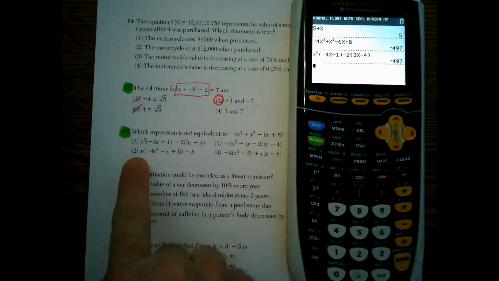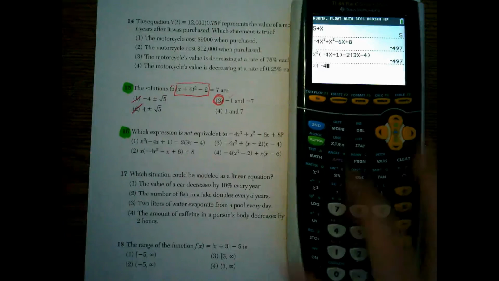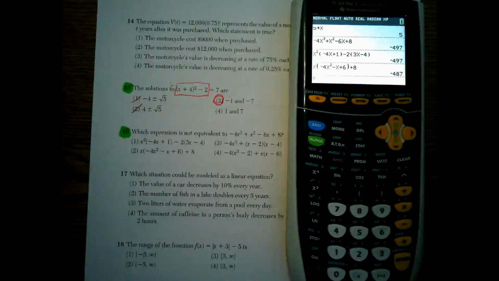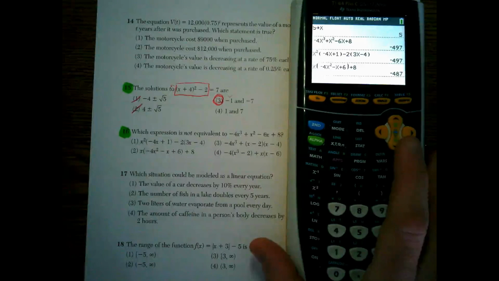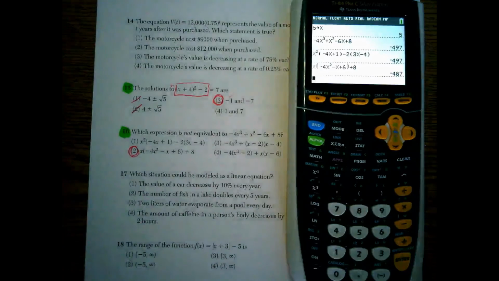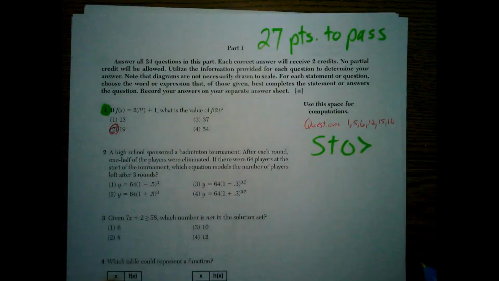So go on to choice number 2. x times (negative 4x squared minus x plus 6), plus 8. That one does not work. And that must be the one that we're looking for, because we're looking for the one that does not work. So choice number 2. Another 2 points on your Algebra 1 Regents.